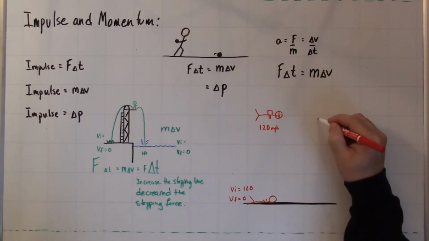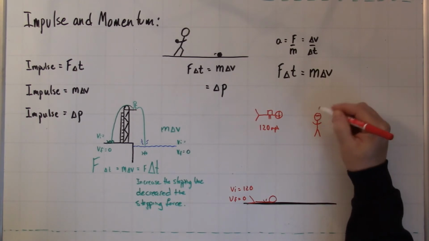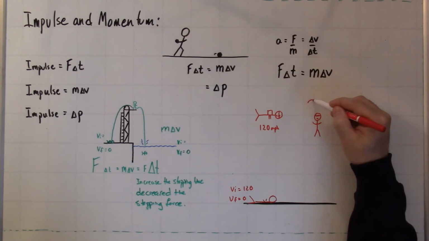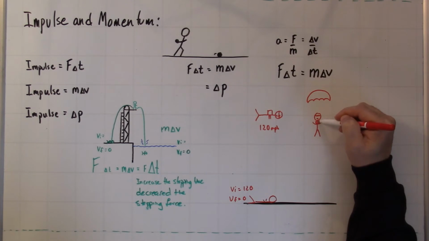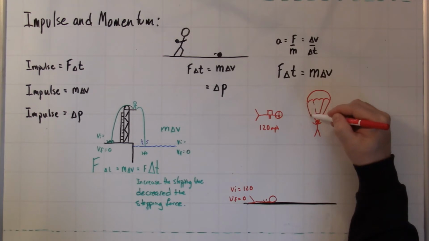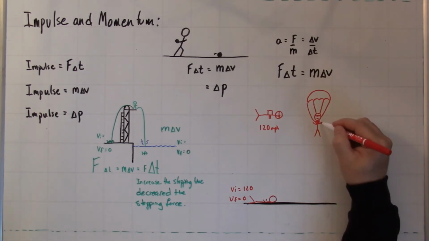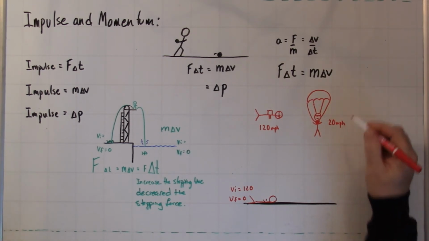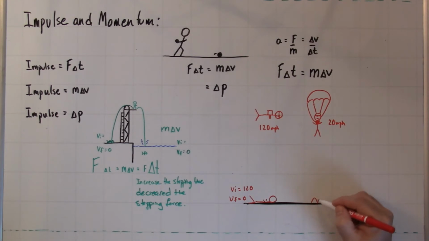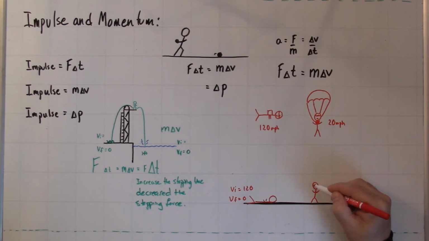But if along the way you're smart enough to pull your parachute, it slows you down from about 120 down to 20 miles per hour. And so now when you land so softly, comparatively, everybody's a winner.